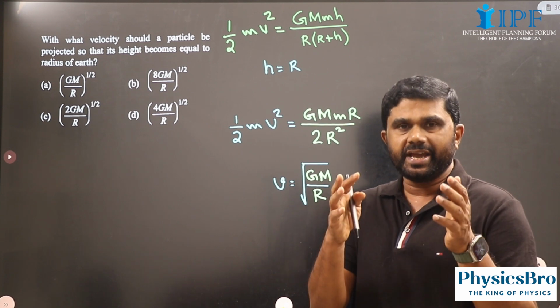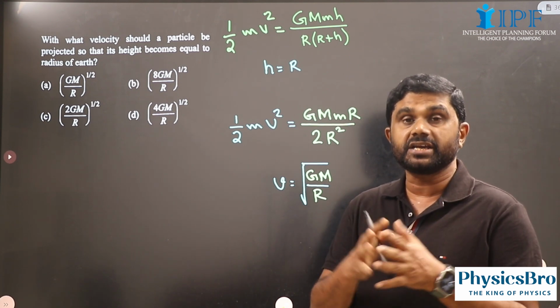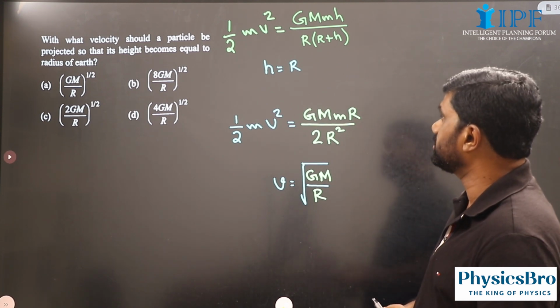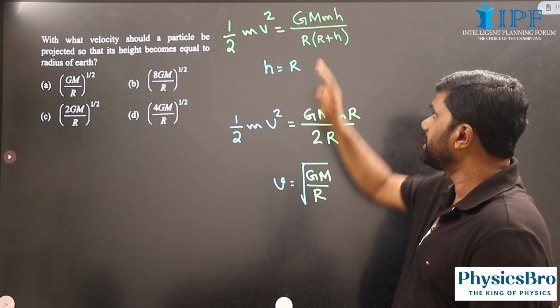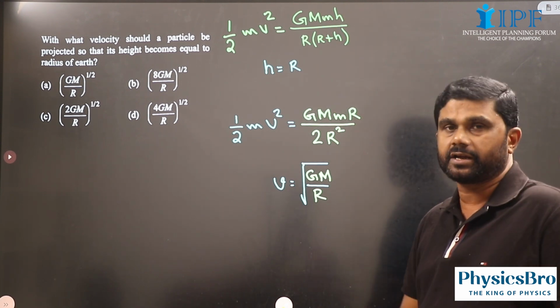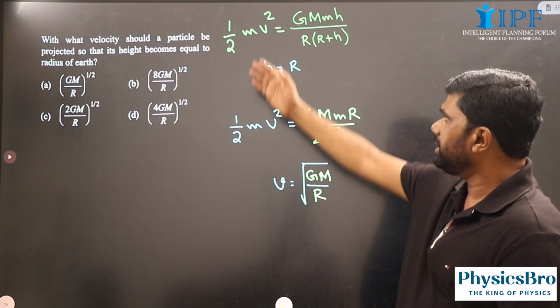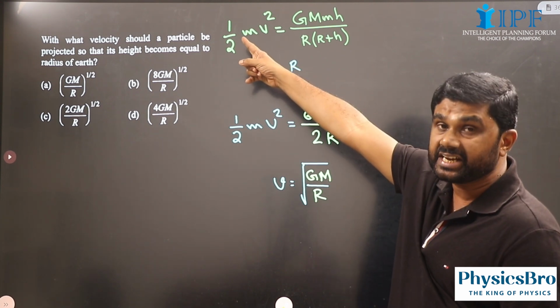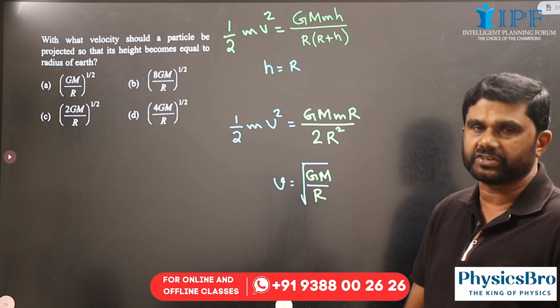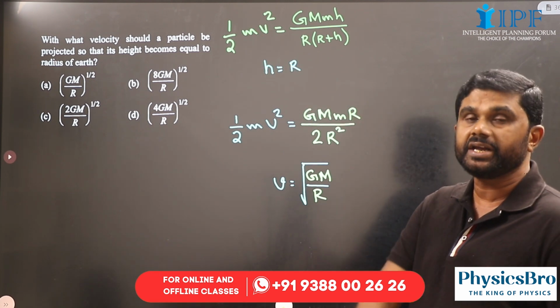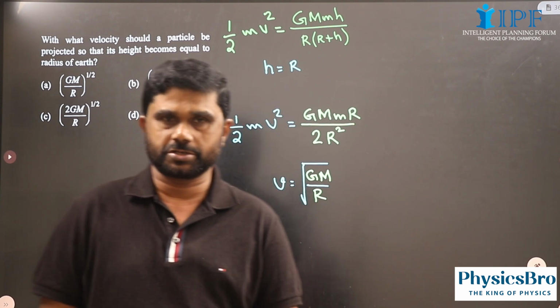When a body is taken to a height h from the surface of Earth, this is the increase in gravitational potential energy, where capital M is the mass of the Earth and small m is the mass of the body. And this is the decrease in kinetic energy, because the final kinetic energy is 0 and the initial kinetic energy is half mv square, where v is the speed with which the body is projected.